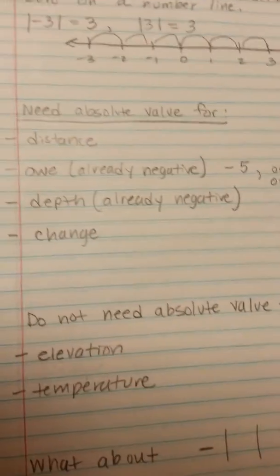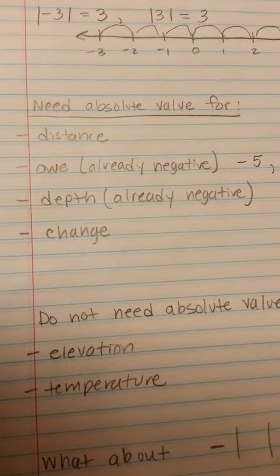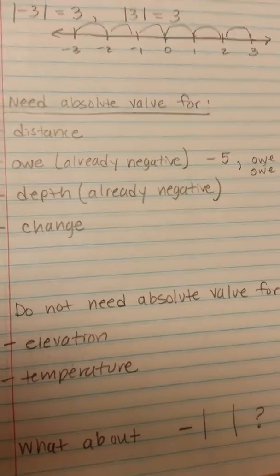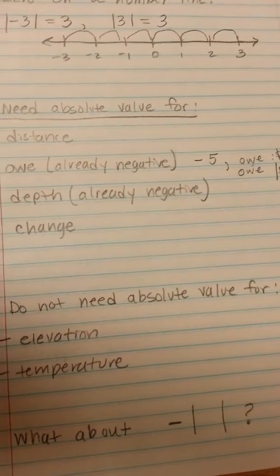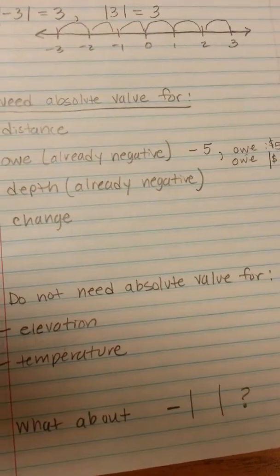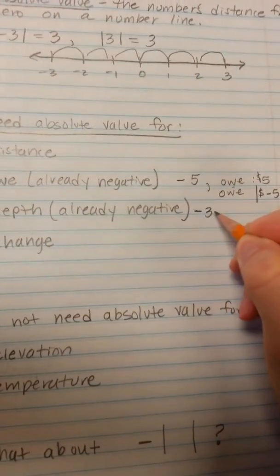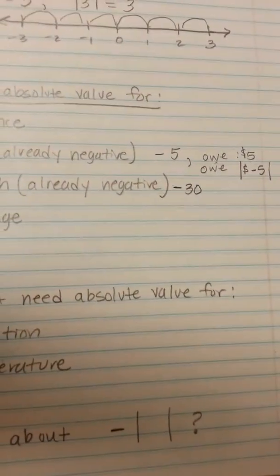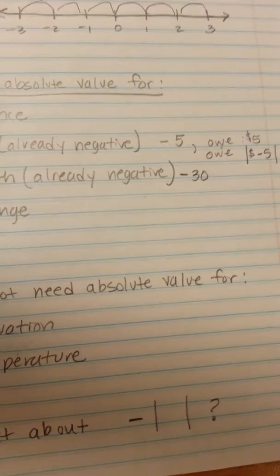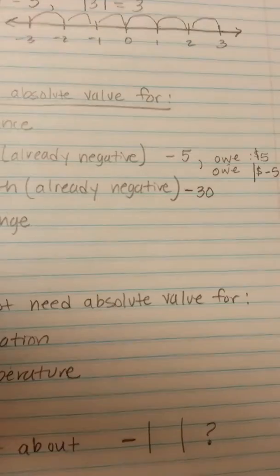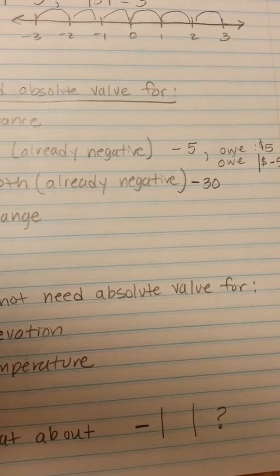Now the next one I want to talk about is depth. Depth, once again, is already negative. So if you were at a depth of 30 feet in the ocean, perhaps scuba diving, as an integer, you're at -30 feet. And that would really describe your elevation, -30 feet.